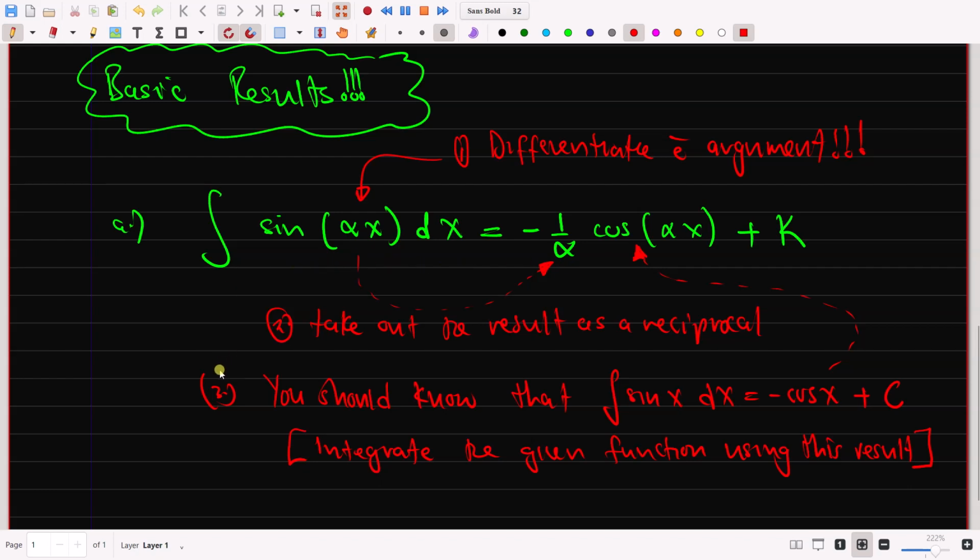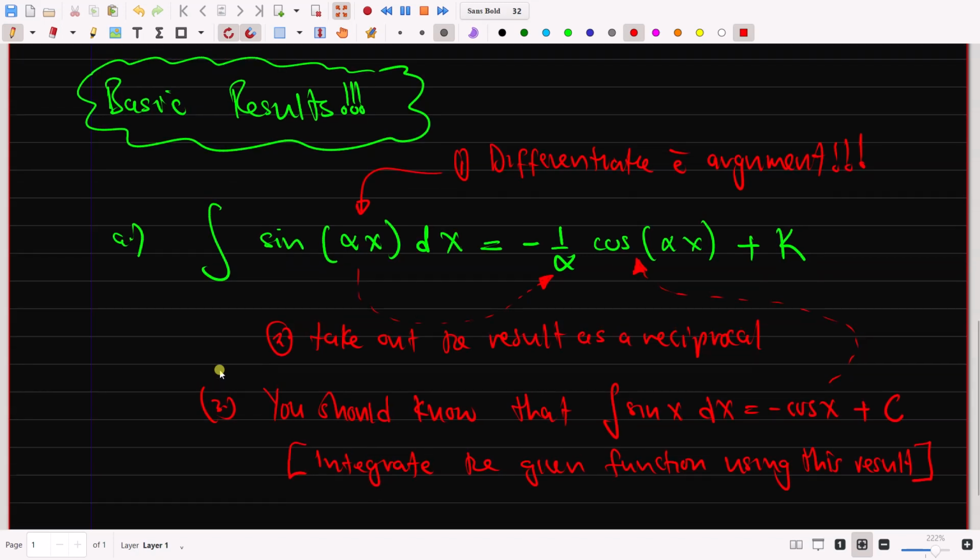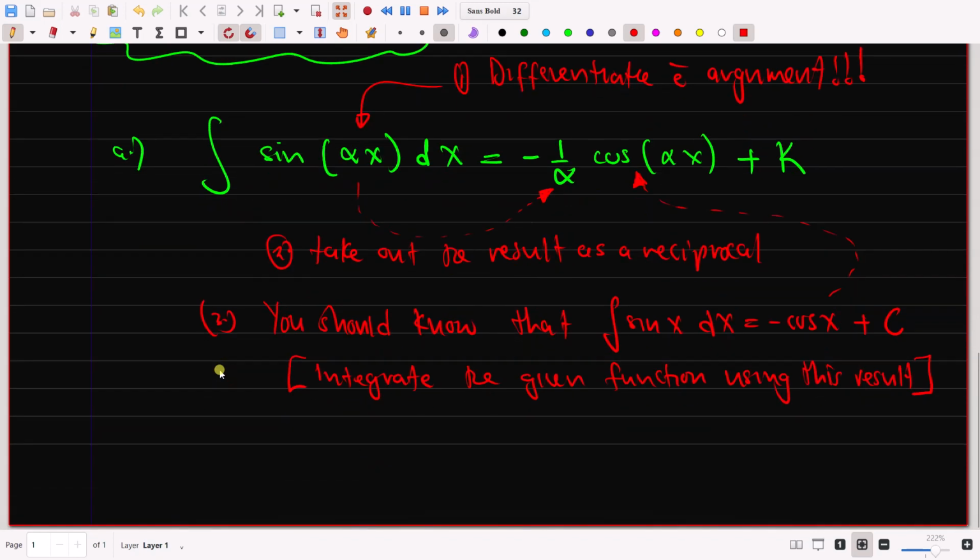We're going to demonstrate these by looking at examples, but now it's good for us to just state them down before we learn how to use them. Then there is the other one, which works in a similar way, the one for cos. If you want to integrate cos of alpha x dx, this is just 1 over alpha sine alpha x, then plus k.